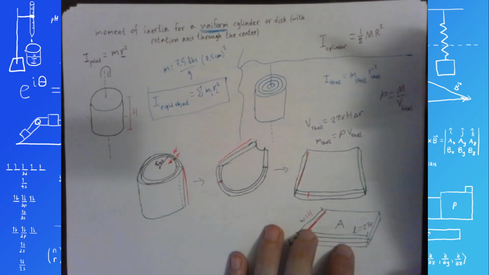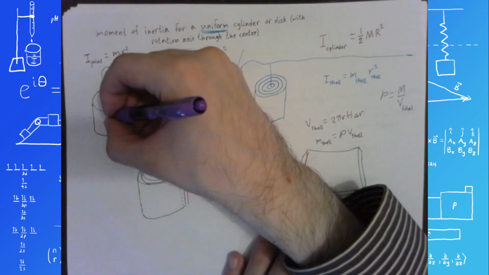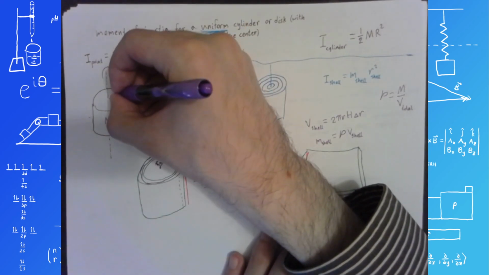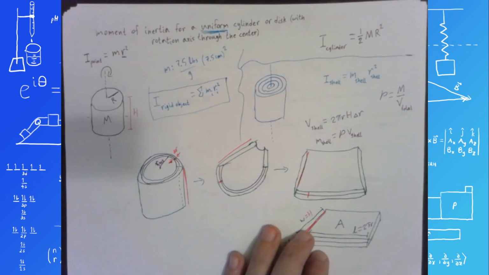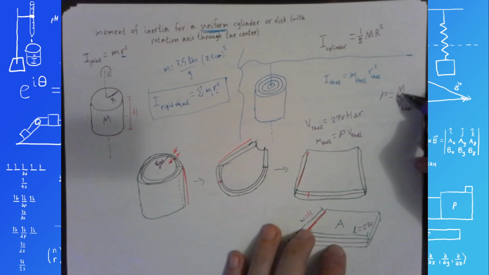The total mass, we'll just call it big M. I forgot to specify that. This cylinder has a total mass of big M and a maximum radius big R. So total mass, that's just a given.